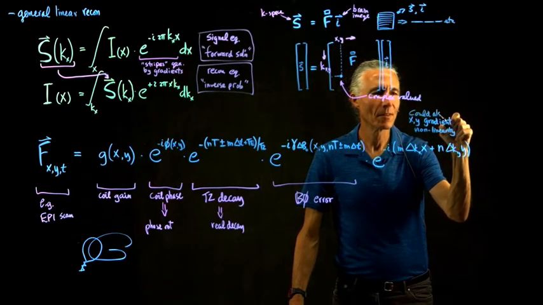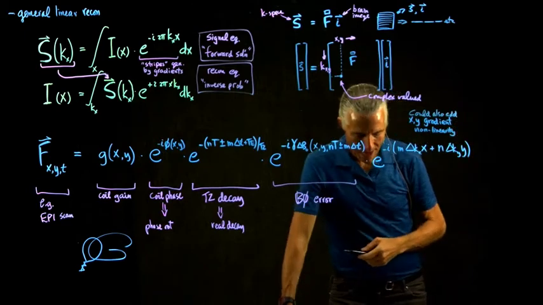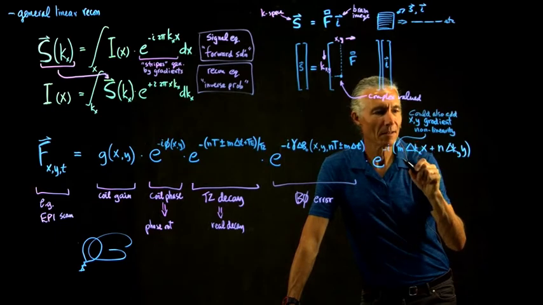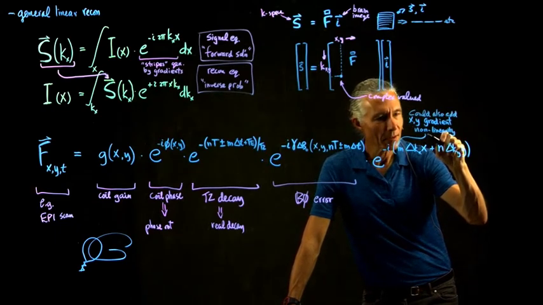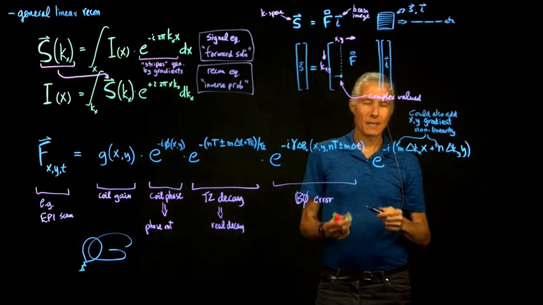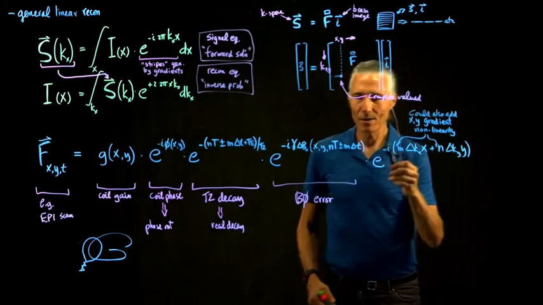We could also add this in here, because that's one gradient, and then we've got another gradient in here. So what is that? That just means when you turn the gradient on.